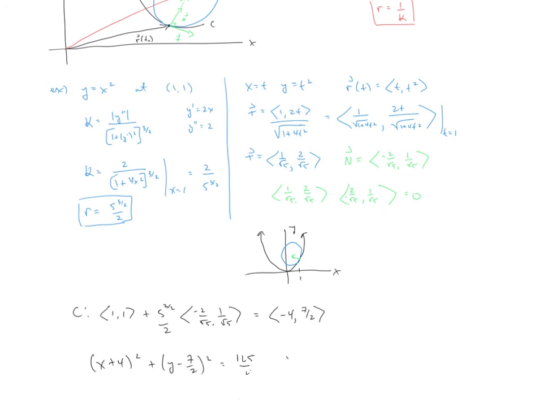So 125 over 4. So there's the equation of the osculating circle. And I've got this very, very informal picture up here, but that blue circle right there, that's the one that you've just found. I would encourage you guys to graph that. You can go to Desmos, take a look and see what you found. But it's pretty interesting that at this point right here at 1, 1, the curvature of our parabola matches the curvature of our circle.